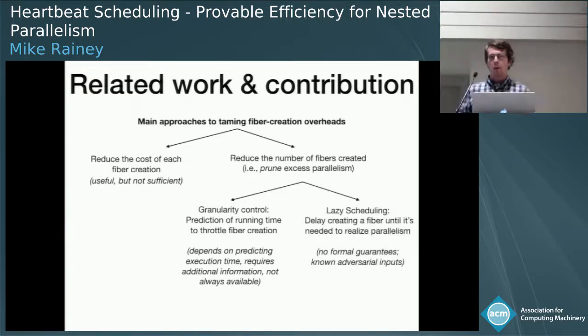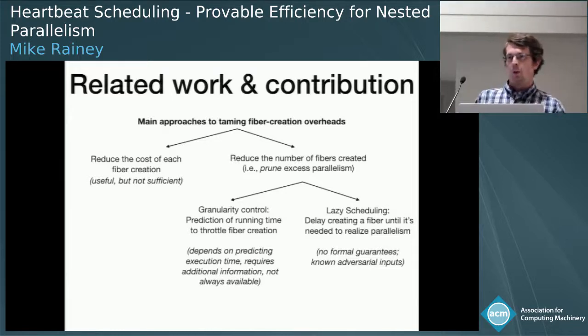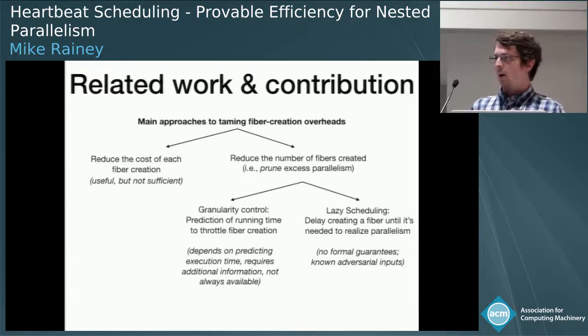Alternatively, you can try lazy scheduling, where the idea is to move the critical fiber creation overheads as much as possible to the last minute, when you know that it's likely that you want to move that fiber to a different core. This approach works well for a lot of programs, but it isn't backed by any formal guarantees, and actually there are known adversarial cases where it breaks down.